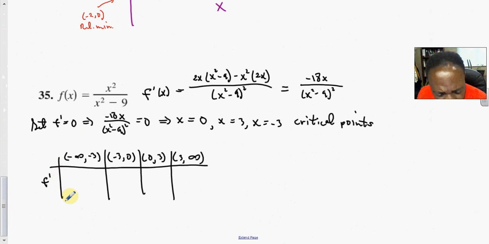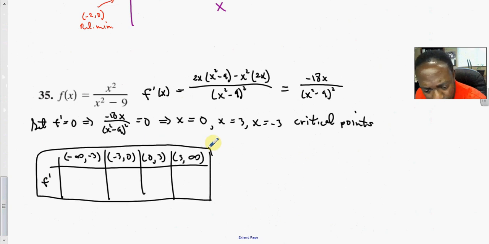We check the signs of our derivative. The number is being plugged into the first derivative.